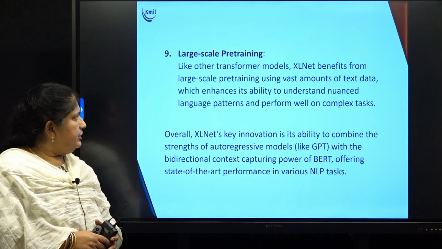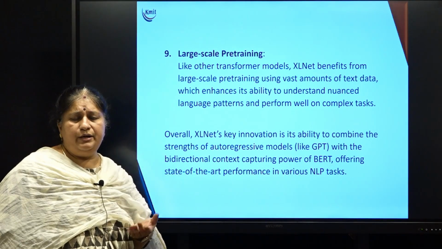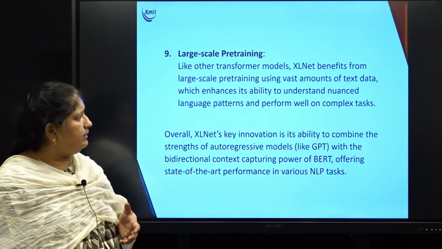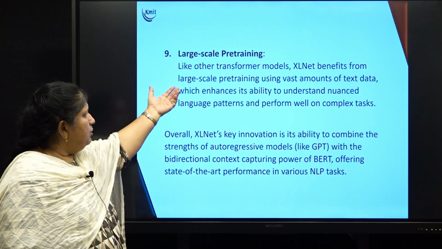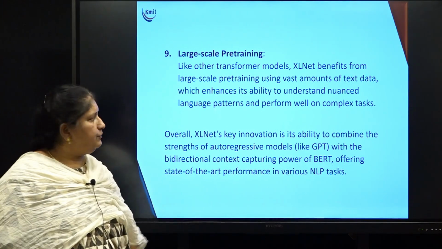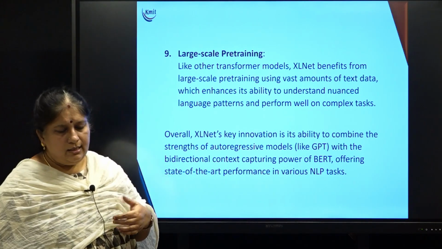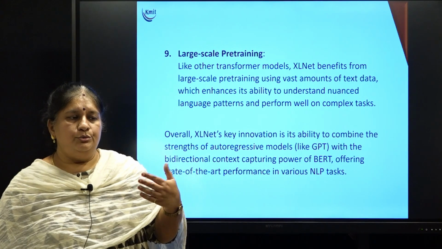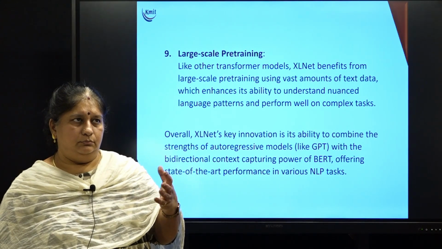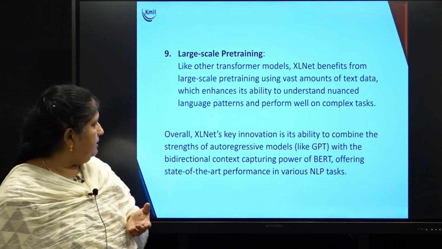Large-scale pre-training. Like other models which are trained on large corpora of text data, XLNet is also pre-trained on large-scale and vast amounts of text data, which makes it understand the new patterns and intricacies of the language, and it is able to perform better.